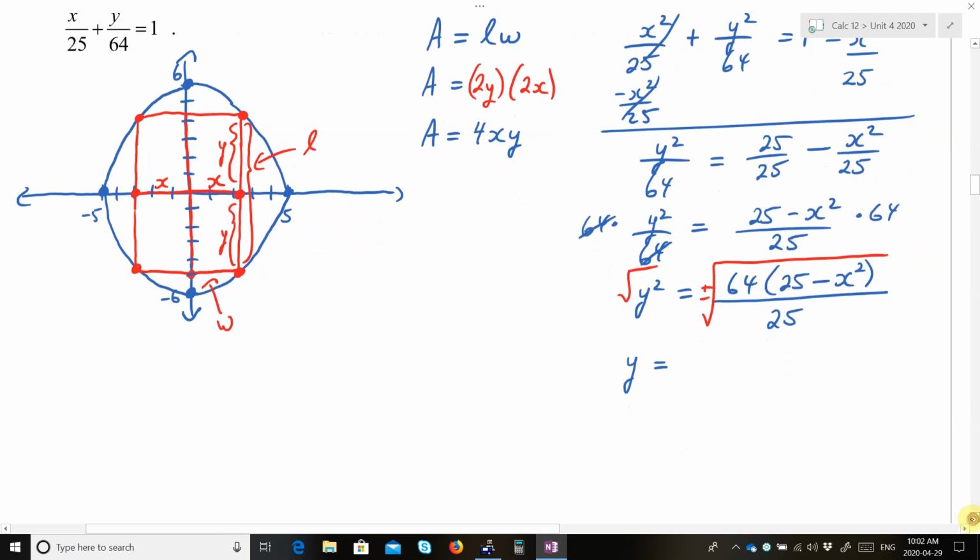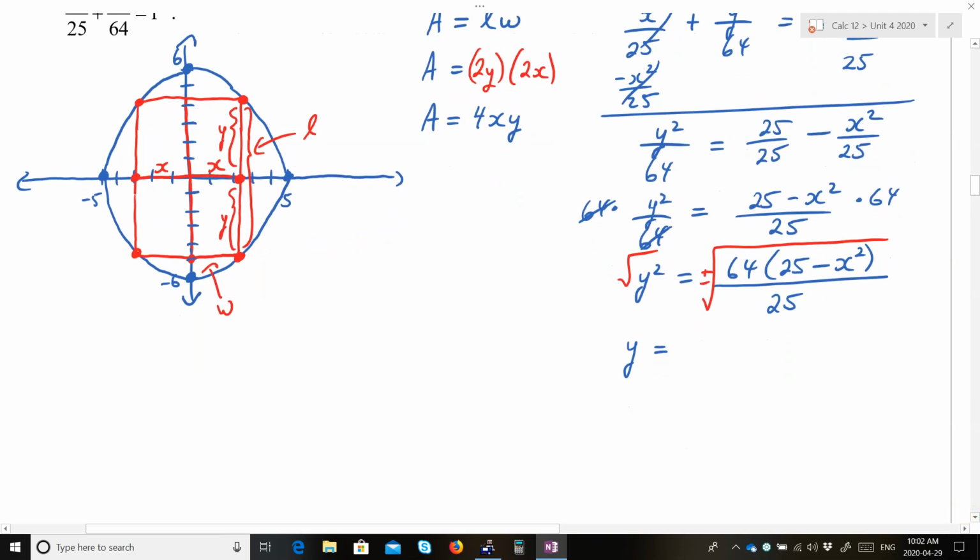There's some stuff that cancels here that might make things a little bit simpler. Doesn't cancel but simplifies. We would have the square root of 64 times the square root of 25 minus x squared. That doesn't simplify, unfortunately, but the square roots of the numbers seem to simplify.